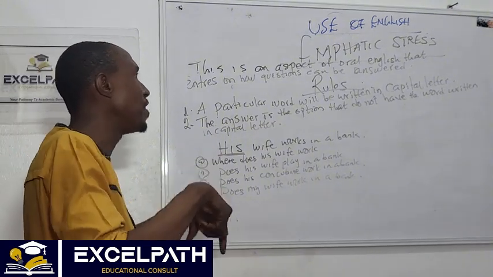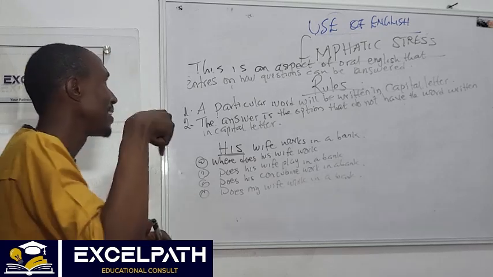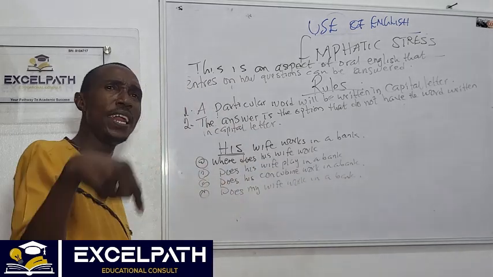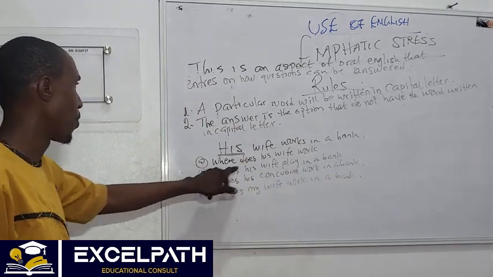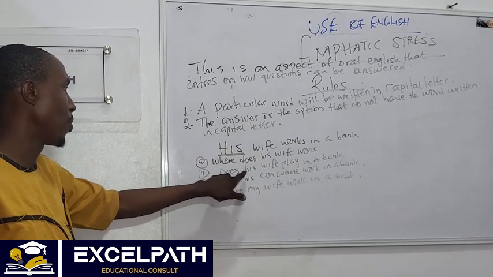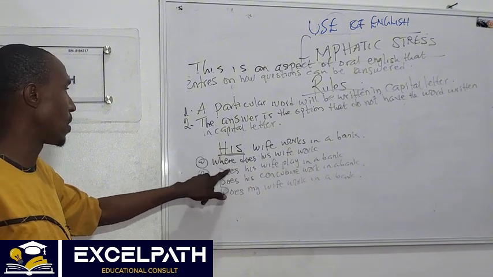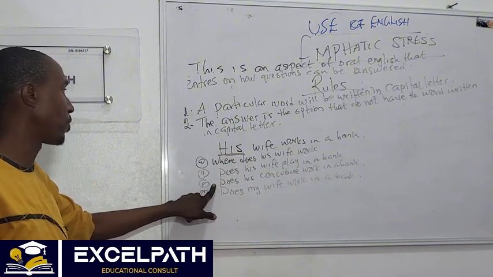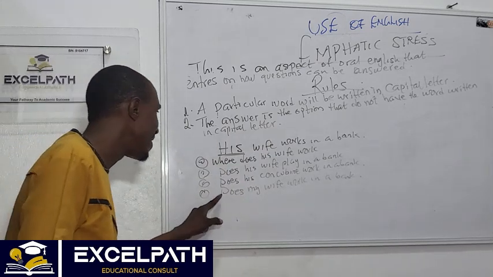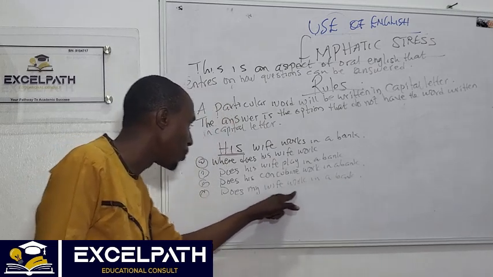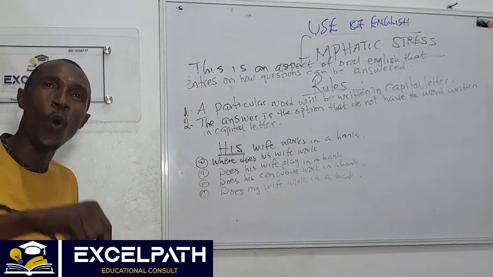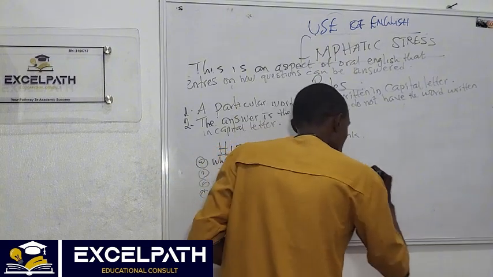The answer is the option that does not have the word written in capital letter. Look at option A, we have his, and his is in capital letter. Look at option C, we have his, and it is also in capital letter. Option D, his is also in capital letter. But look at option B, there is no his in this one. So the one that doesn't have that word is your answer. So the correct answer here is option B.